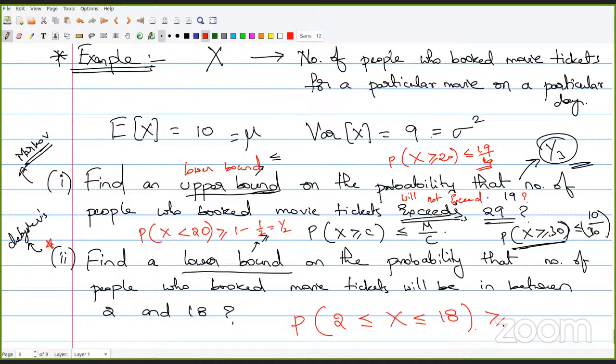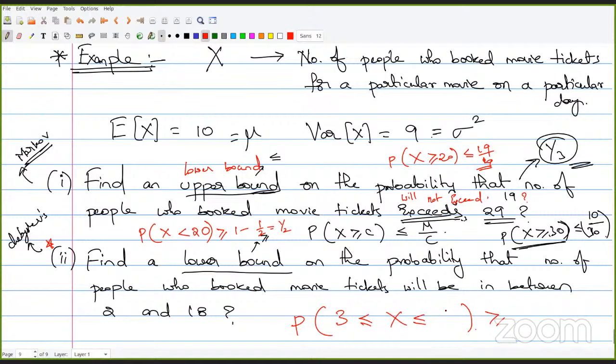I gave it like this. Okay, I don't want to give like that. See, in between, lies in between 2 and 18 is something like 3 less than or equal to 17.